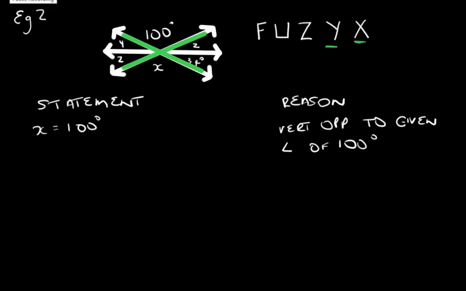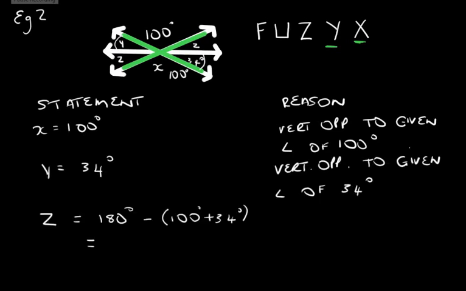What will angle Y be? Angle Y will be equal to 34 degrees. Why? Because it's vertically opposite to our given angle of 34 degrees. So that angle will be equal to this angle. Now we know that angle Z plus angle X plus 34 degrees must add up to 180 degrees.